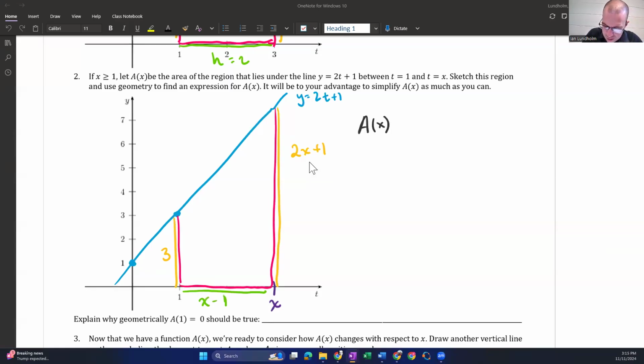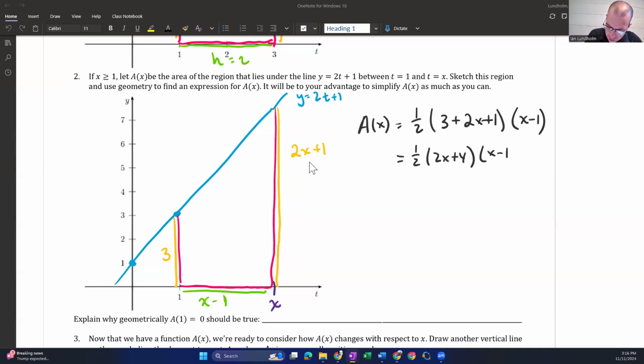Here, if we start A of x, it'll be 1/2 times the sum of the bases, so 3 plus 2x plus 1, times the height. The height is x minus 1. Okay, and let's see if we can reduce this a little bit and make it better. This is going to be 1/2 times 2x plus 4, times x minus 1.